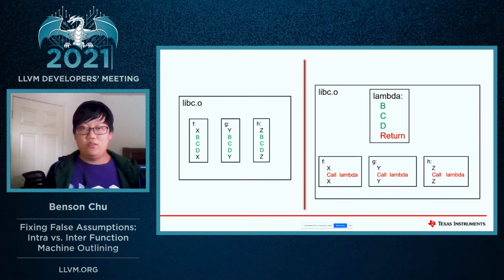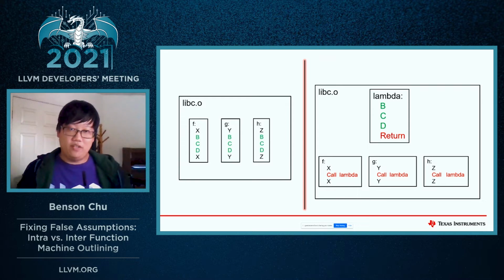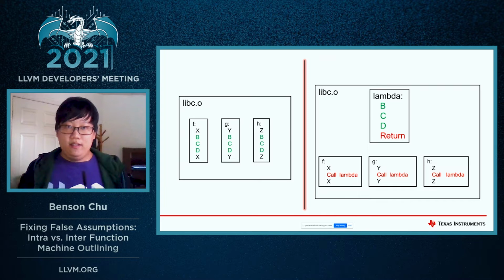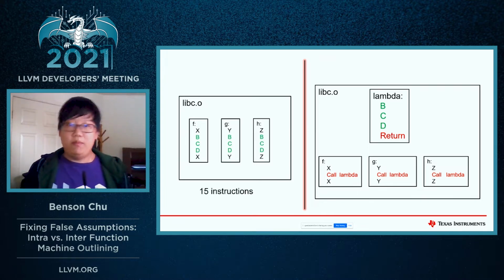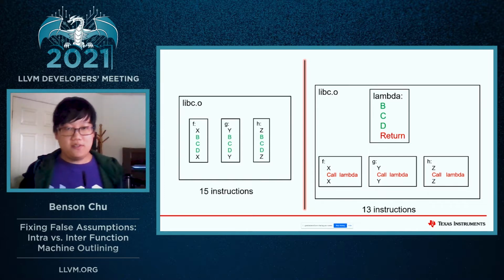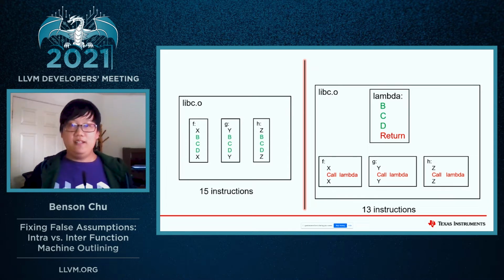And then on the right is what it would look like if the MachineOutliner were to actually perform this outline. Now, unoutlined, this object file takes up about 15 instructions. But when we perform this outline, we get it down to 13 instructions. So great, the outliner thinks it's a good thing to outline.